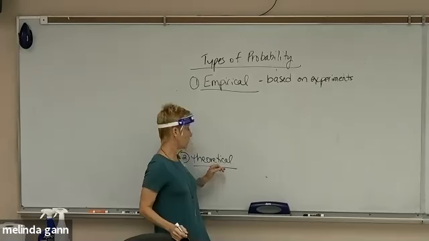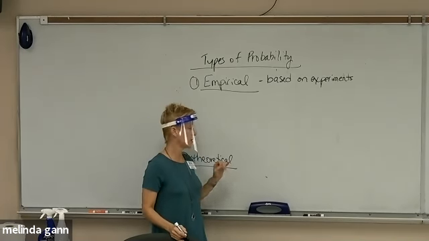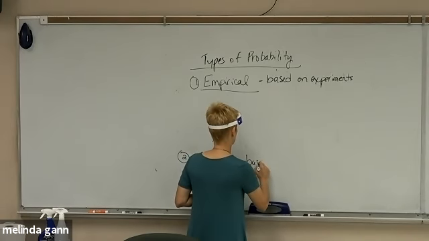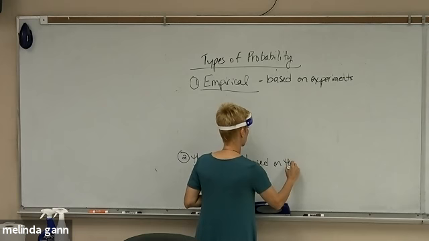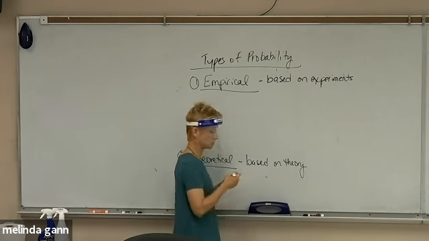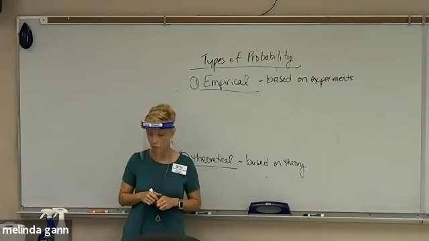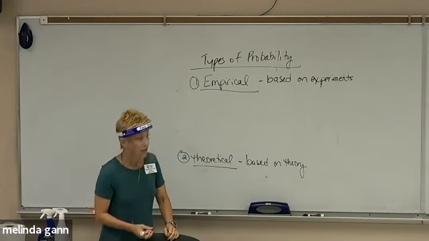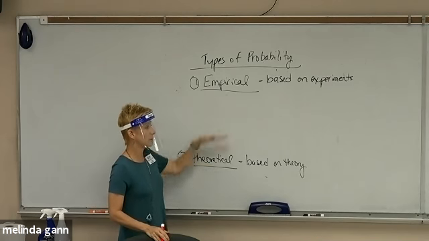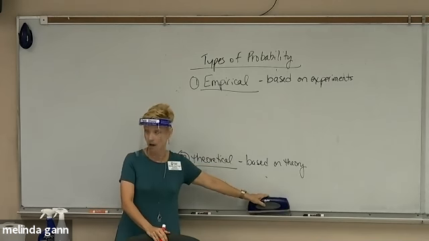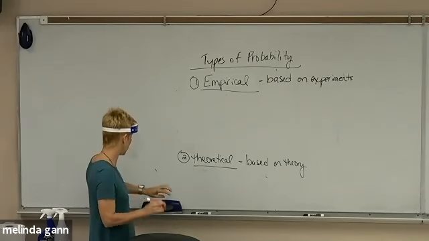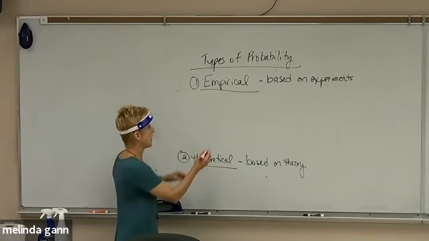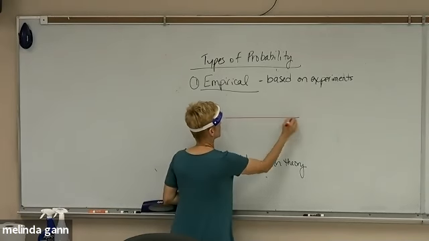Look at the name of it. What do you think theoretical probability is based on? Theory. Now, they're both fractional looking formulas, and I'm going to write them both down so that you have them in your notes. On empirical probability, here's how you're going to make your fraction.